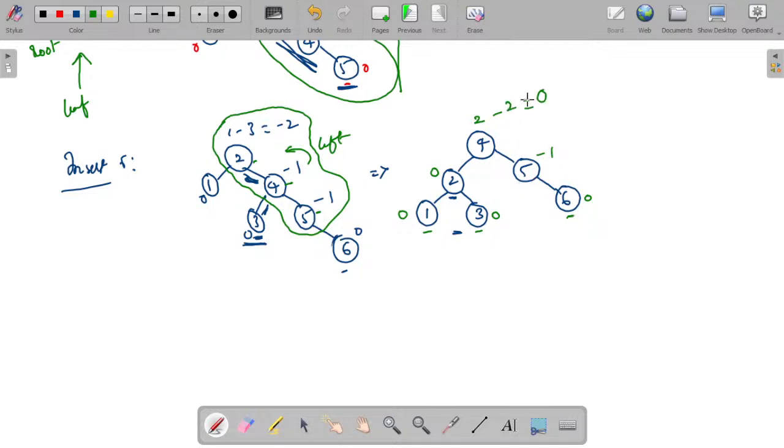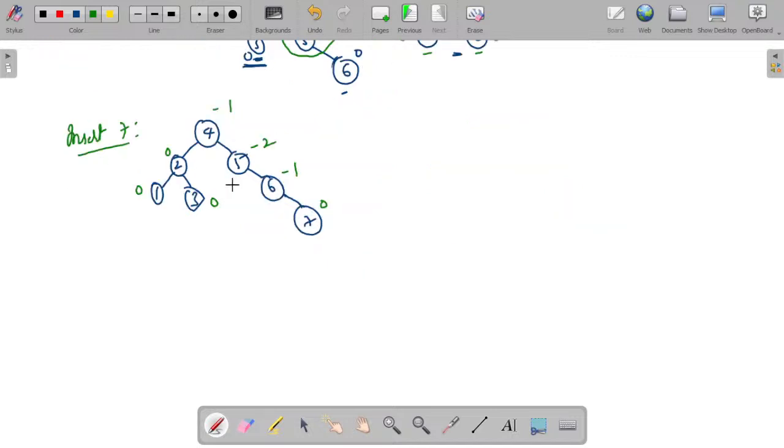So 2 minus 2 becomes 0. This is how the balance factors are computed. Here it is 0 in the left subtree and 2 in the right subtree, so it is minus 2, and here it is 2 in the left subtree and 3 in the right subtree, so 2 minus 3 ends up with minus 1.